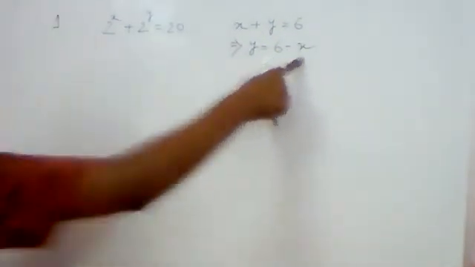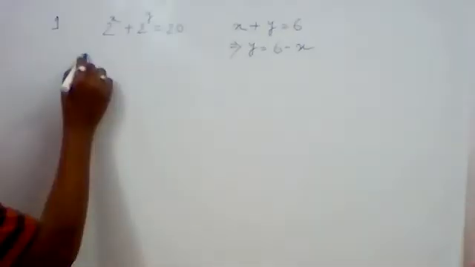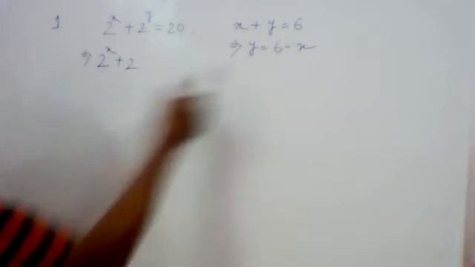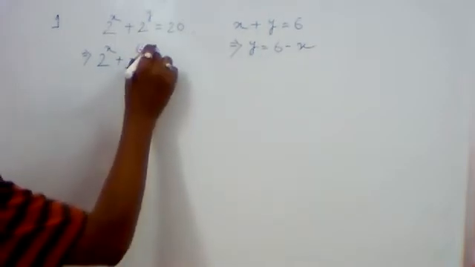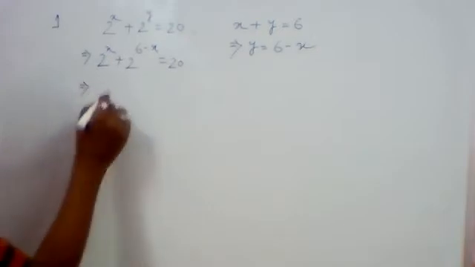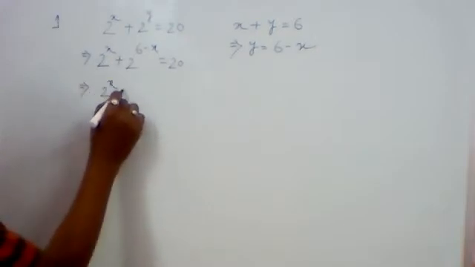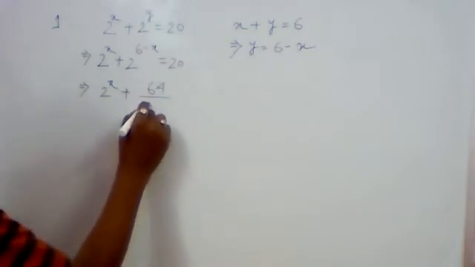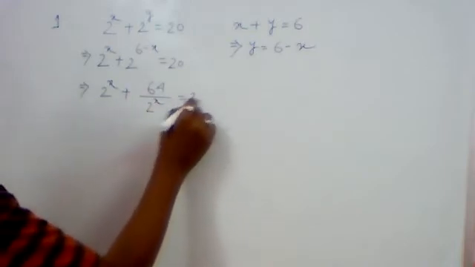So use this in the first: 2 to the power x plus 2 to the power 6 minus x equal to 20. Next we can write 2 to the power x plus 2 to the power 6, which is 64, by 2 to the power x equal to 20.